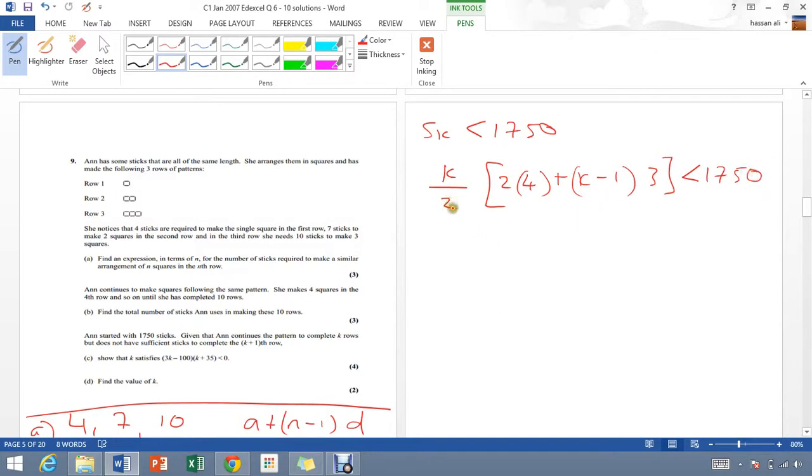Now what I want to do is get rid of this 2, so therefore k times (8 plus, if I expand that bracket, 3k minus 3), because I'm timesing it by 2, is less than 3,500.